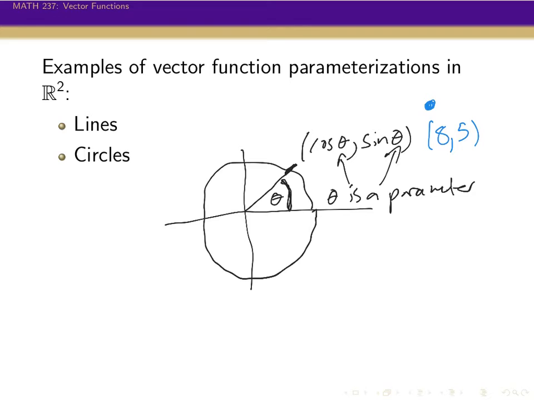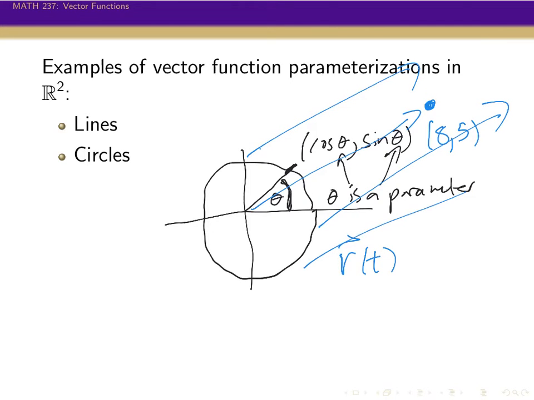How could we do a circle with radius 1 centered at 8, 5? Well, we just want to shift this entire circle by 8, 5.